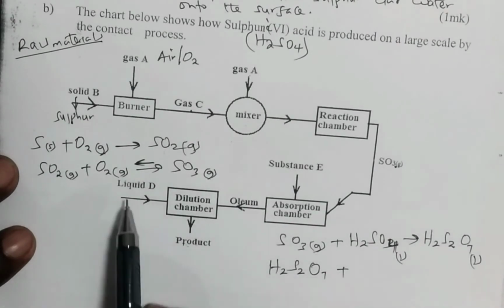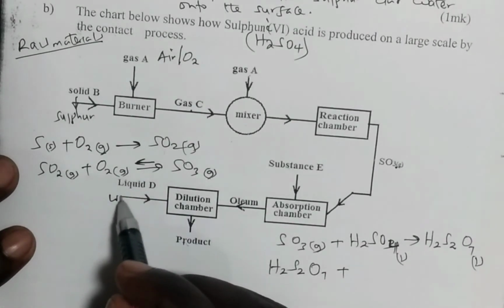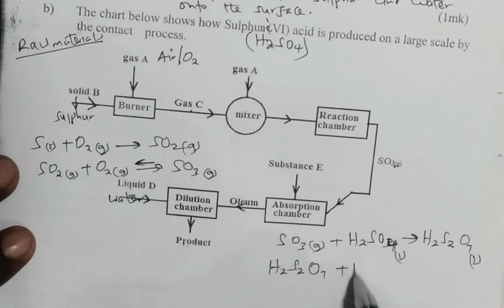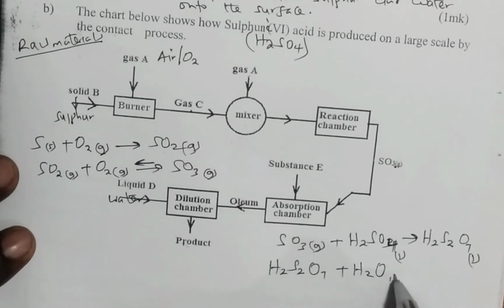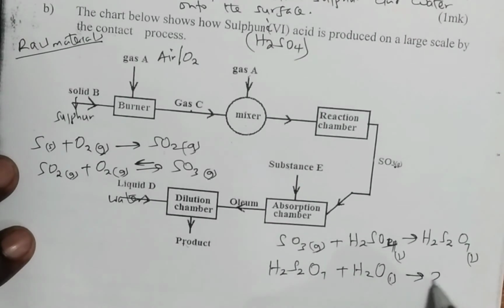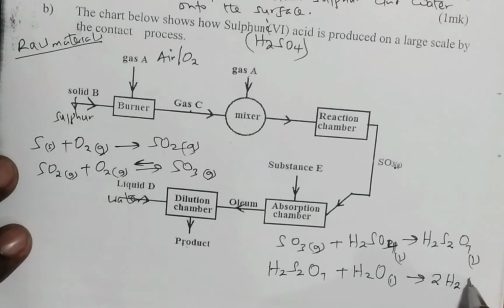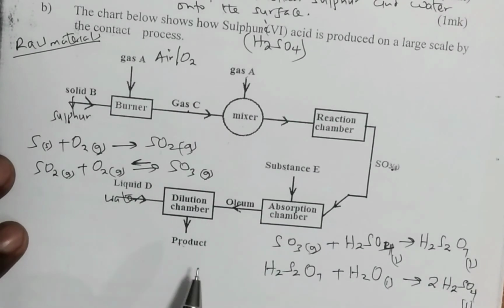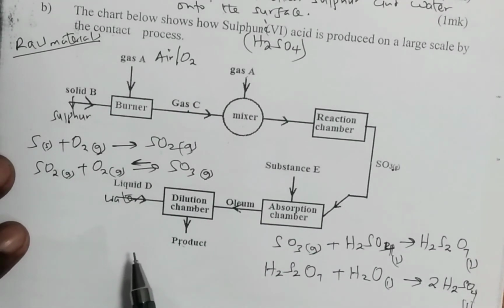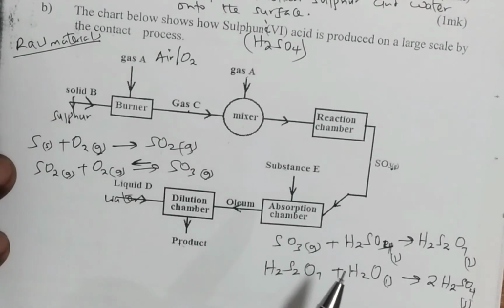We dilute it with liquid D, which is water. And this reaction gives us 2 moles of concentrated sulfuric acid. That is how concentrated sulfuric acid is produced by contact process.